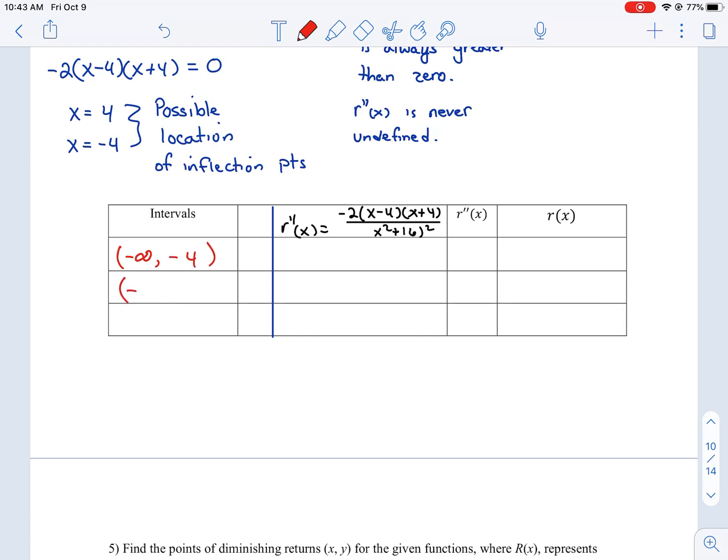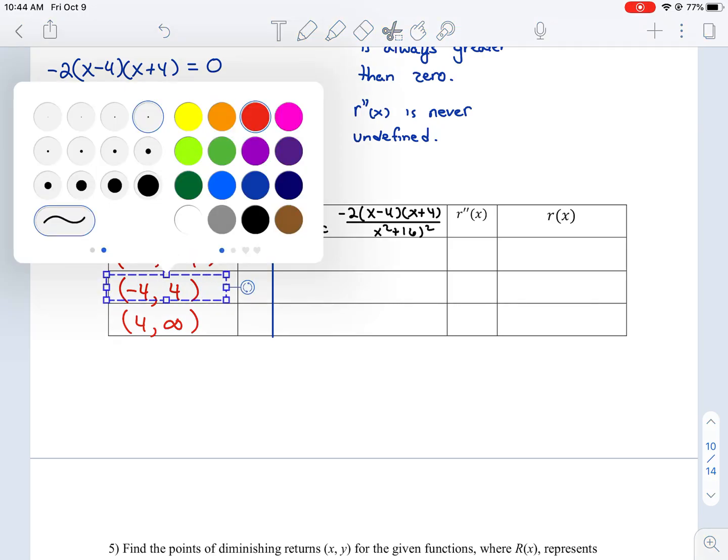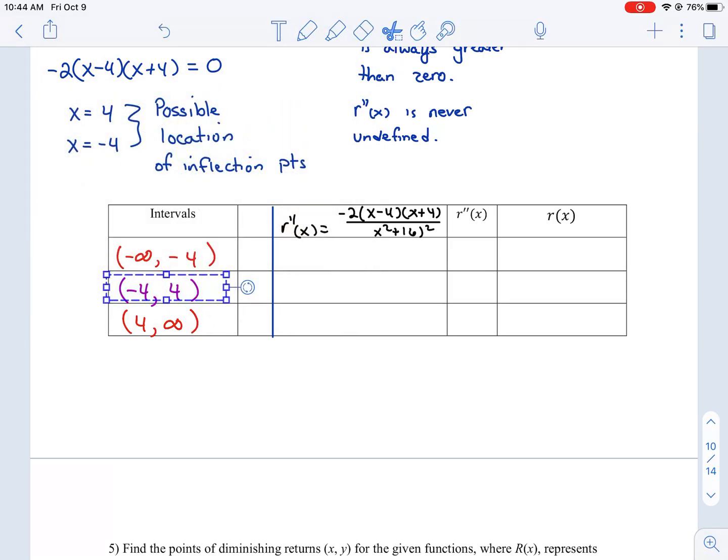The second interval is going to be between the two possible points of inflection. And the third interval is going to be the largest possible location of an inflection point all the way to infinity.